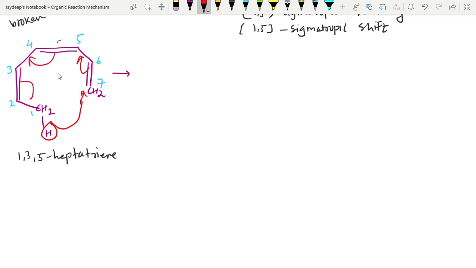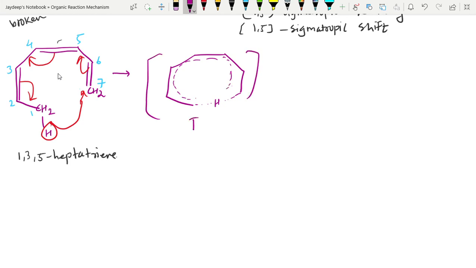Due to the migration of the bond, a transition state is formed. I am going to write down the position of the bond also. This is the migration of the bond, and this is a transition state.